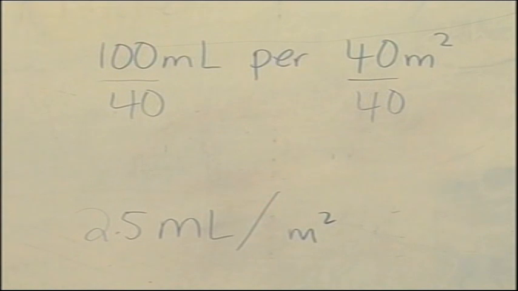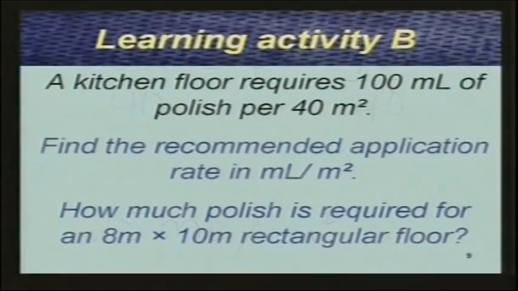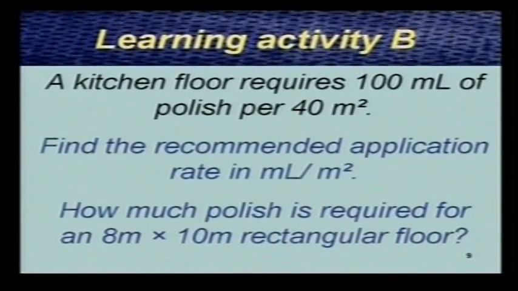Now, if I already know that rate, how much polish is required for this rectangular floor, 8 by 10? How much polish will I need to cover this rectangular floor? The rate has already been given. 2.5 what?